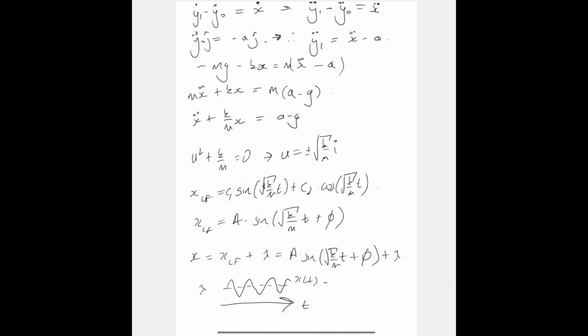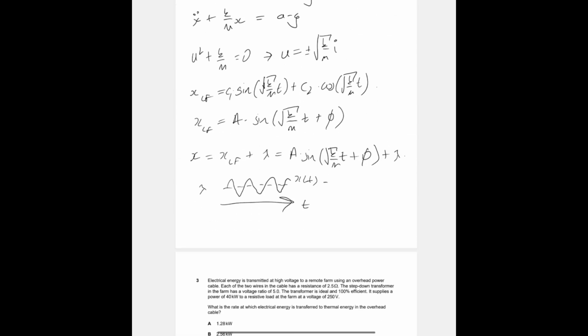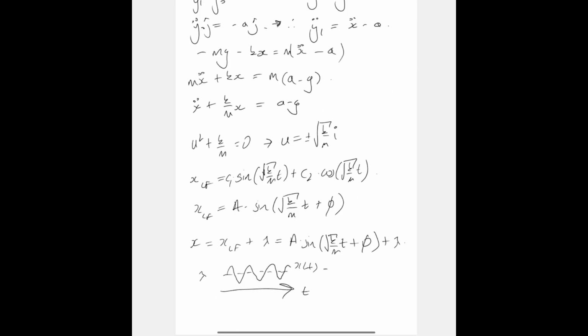But notice over here, it just asks for one value of x. What is the value of x as the lift is accelerating downwards? It doesn't tell you at what time. So what I'm guessing it means is, what is the stable value of x?